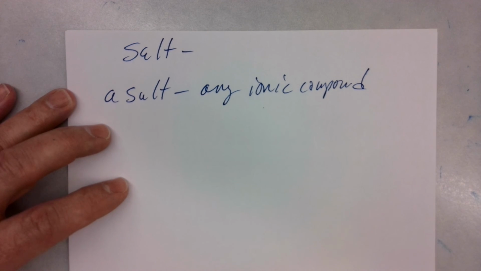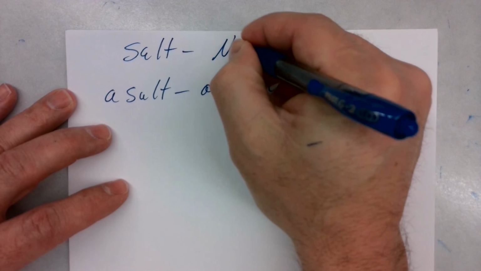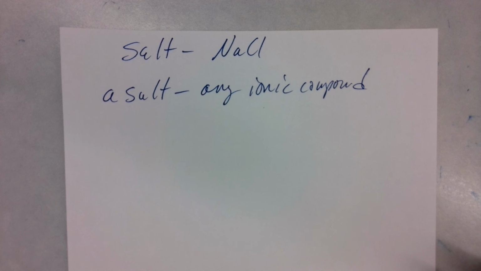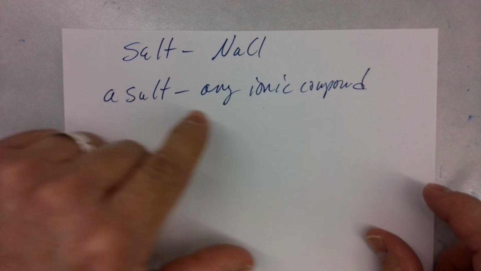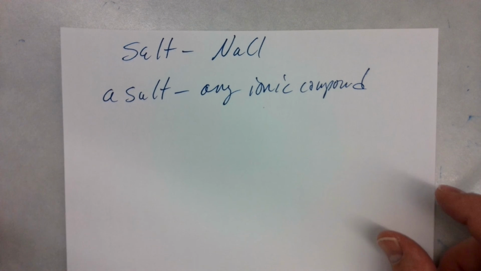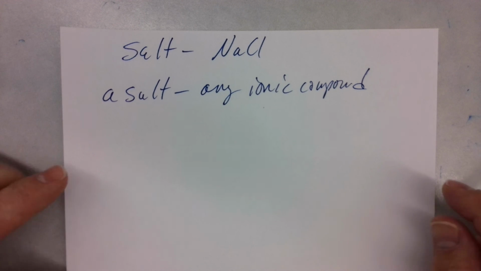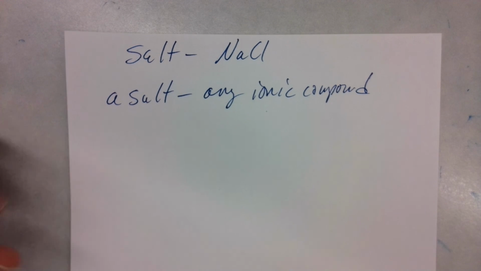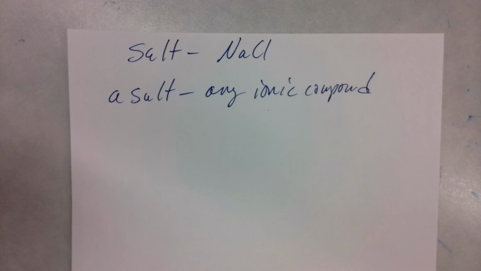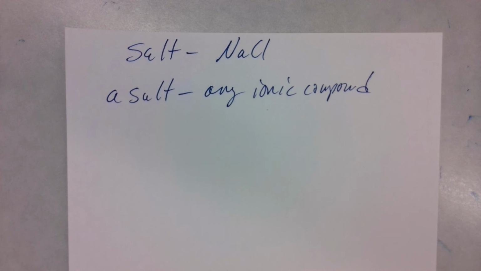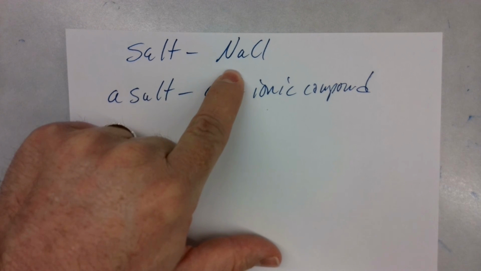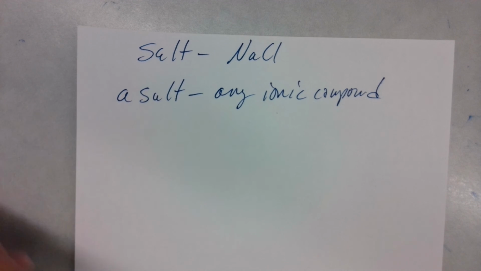Salt means NaCl. There are lots of salts out there, because there are lots of ionic compounds. There's only one thing that is table salt, and that is NaCl. Make sure you understand the difference, because that chart over there talks about salts. They're just talking about ionic compounds. But if they use the term just salt, they're talking about NaCl. So just something to think about.